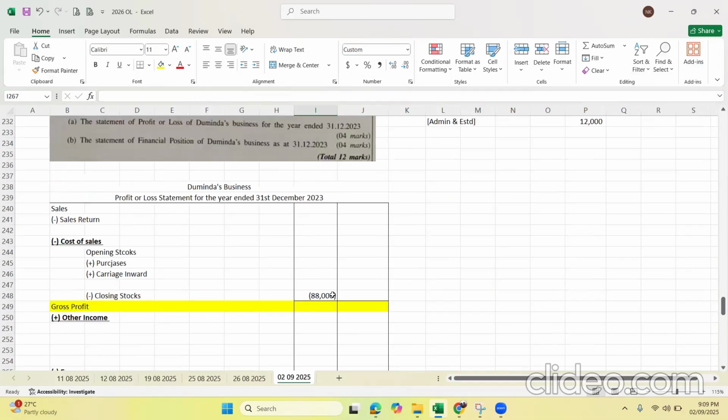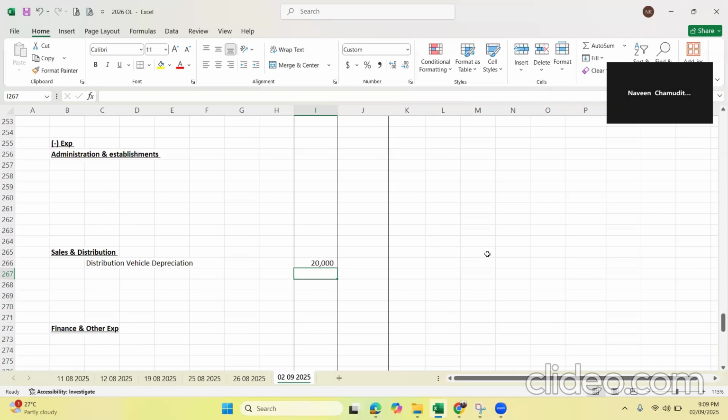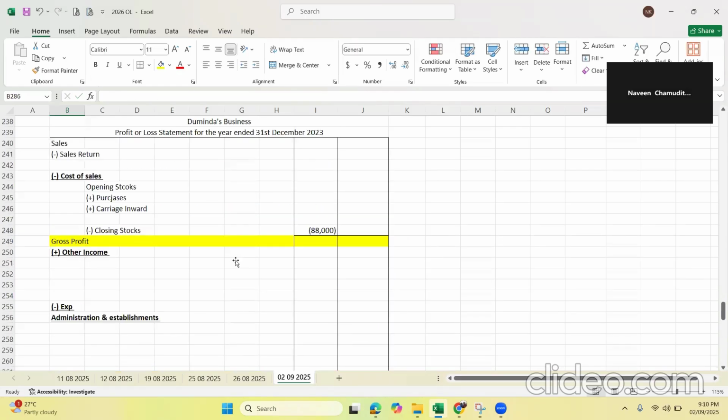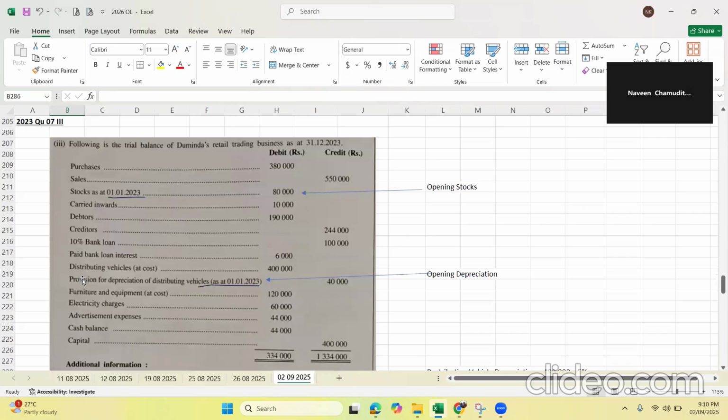So the same asset you must record in the statement of financial position as well under the non-current assets, distribution vehicle. So see how much the cost. It says here distribution vehicle at cost 400,000.